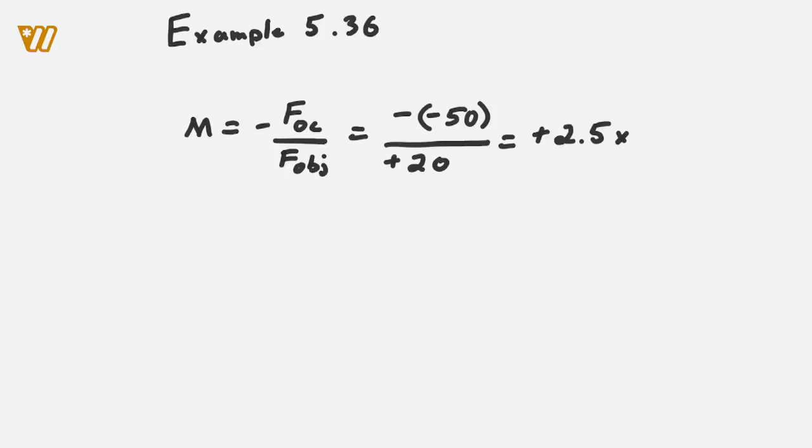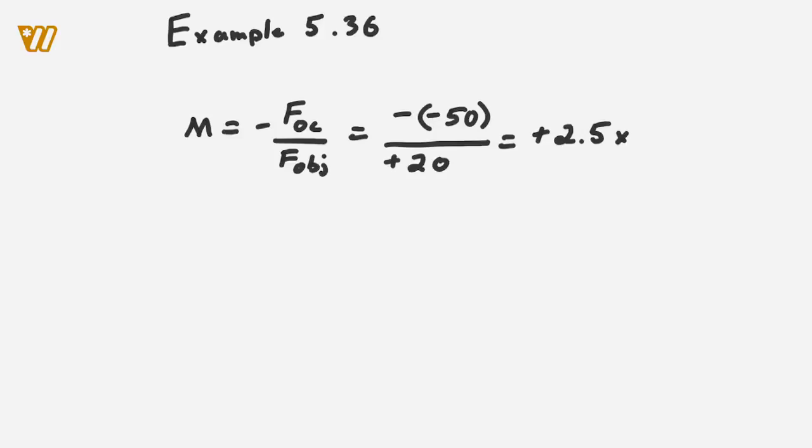Remember, just as an overview, when we have a plus in front of a magnification, that means it's going to be an upright image. If we have a minus in front of a magnification value, that's going to be an inverted image. So we got a plus 2.5.